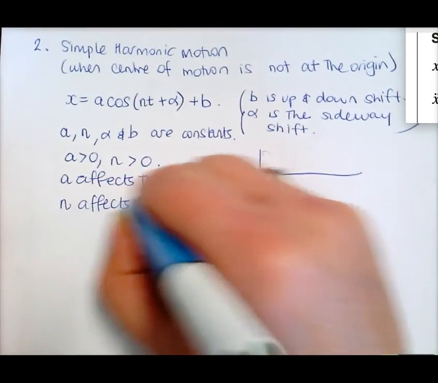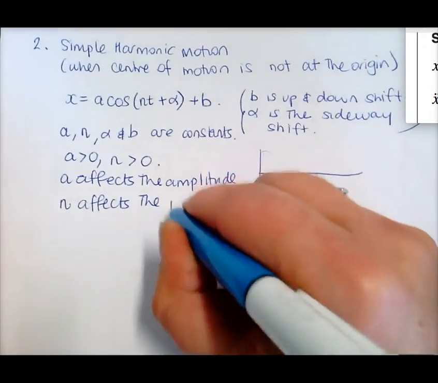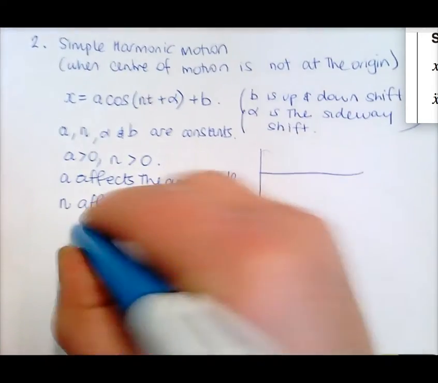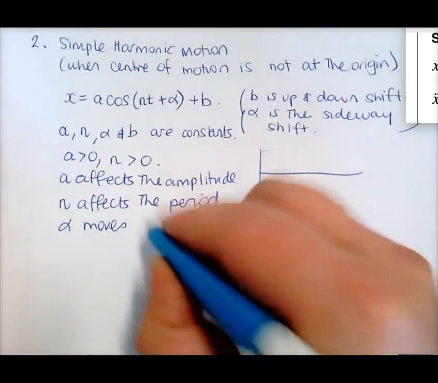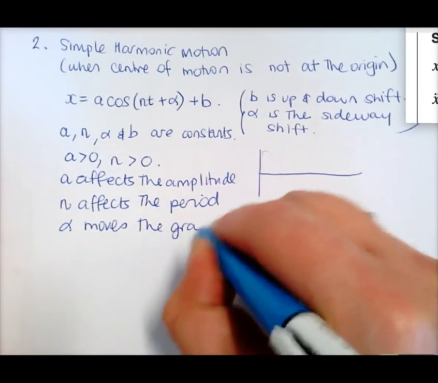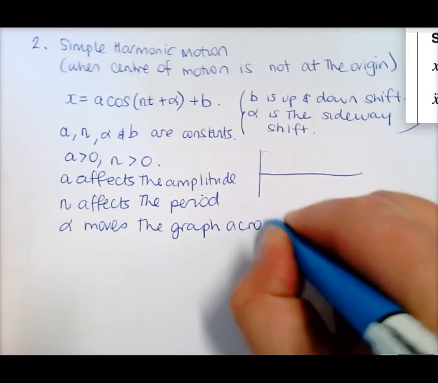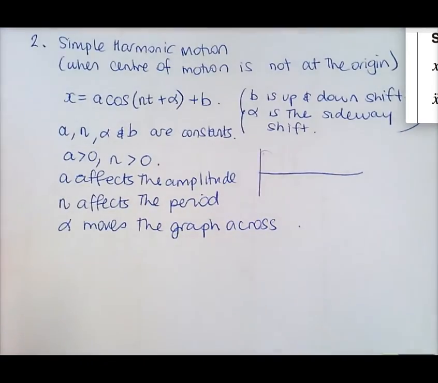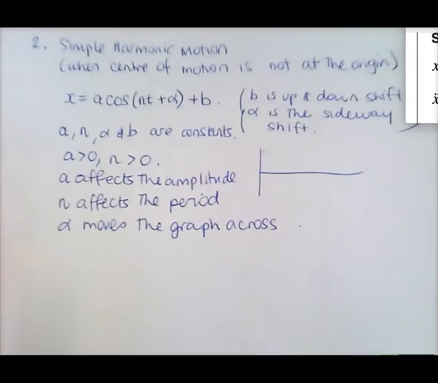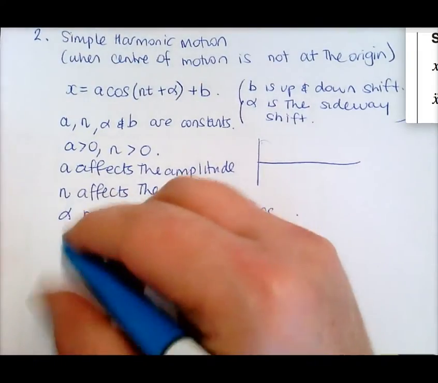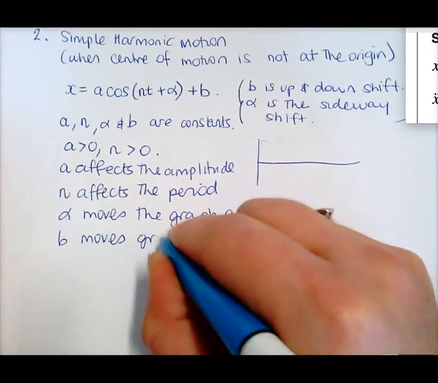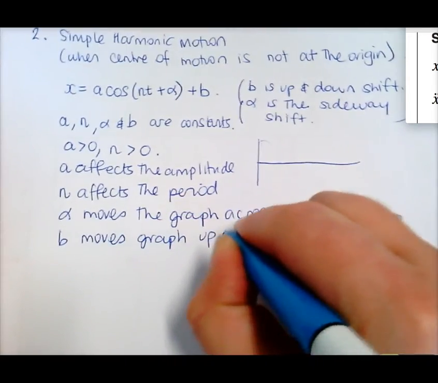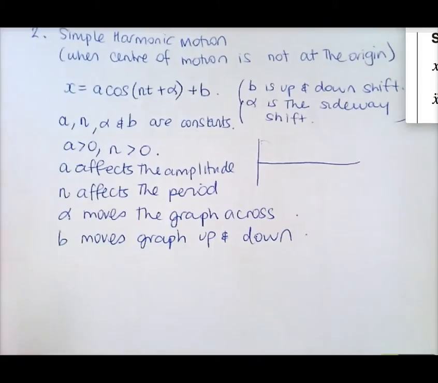The period. And alpha moves the graph across, the sideways shift. And we know that B is the up and down shift, so B moves the graph up and down. Okay?